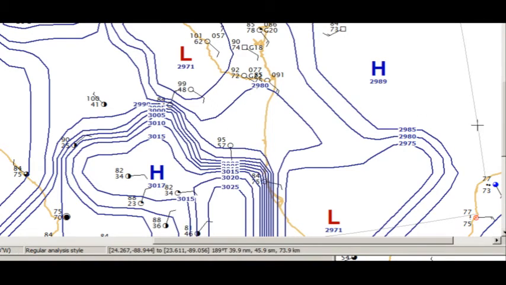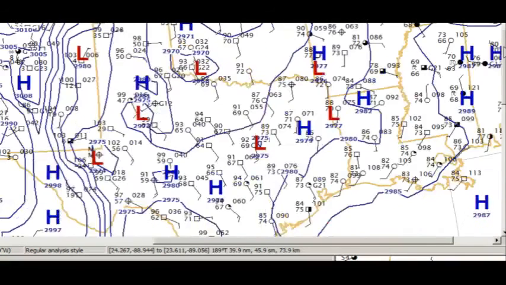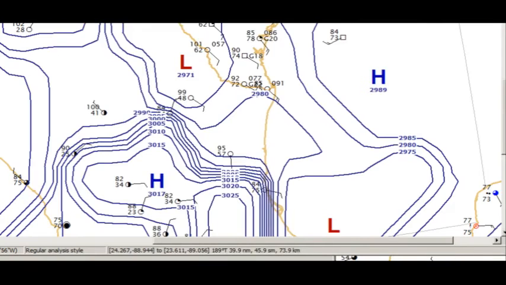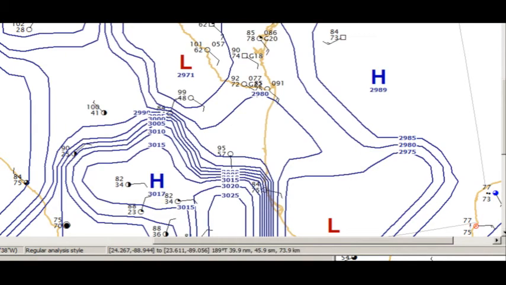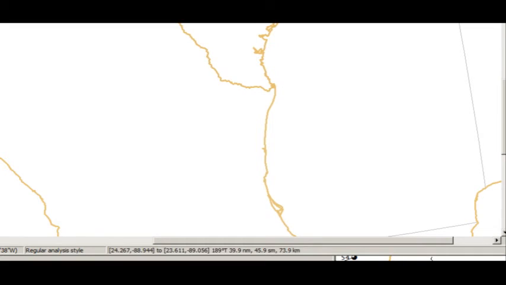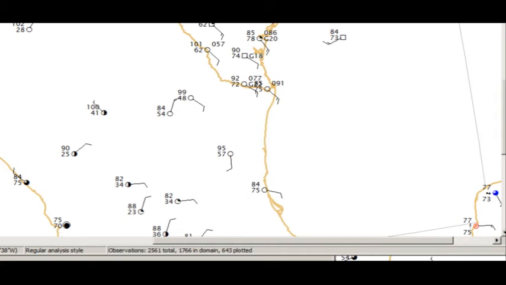The problem is it does take some time to compose, and maybe I can just do that real quick while we're waiting. I'm going to put up the Cressman analysis. It's one of the more complicated analysis schemes. So we'll do the plots, and then we'll do the altimeter setting once again.